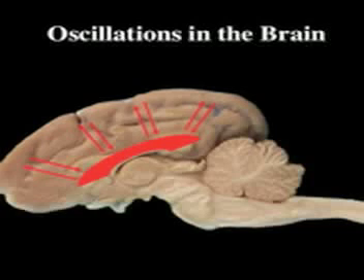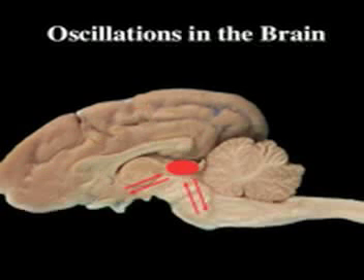We know that there are oscillations which run between different parts of the cerebral cortex, sometimes through the corpus callosum, and alter activity within the cerebral cortex. And in terms of the brainstem, the periaqueductal grey seems to be an area that tends to generate oscillations and controls, in inverted commas, much of that brainstem.